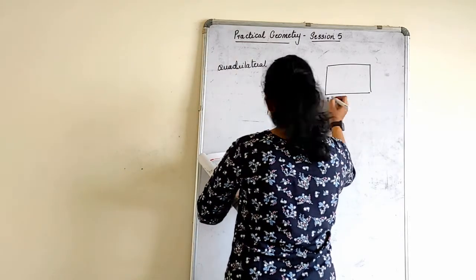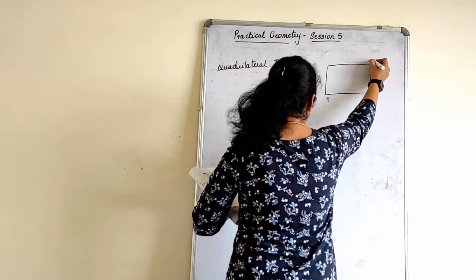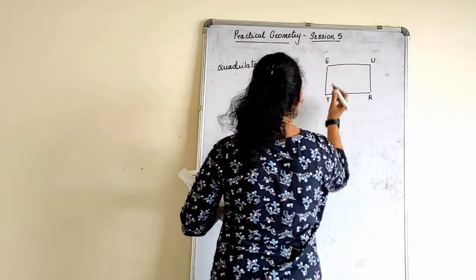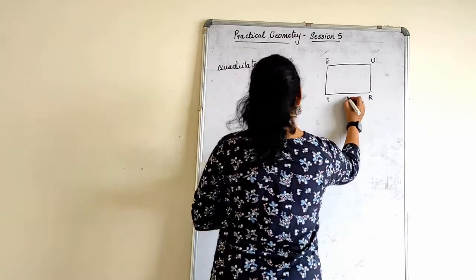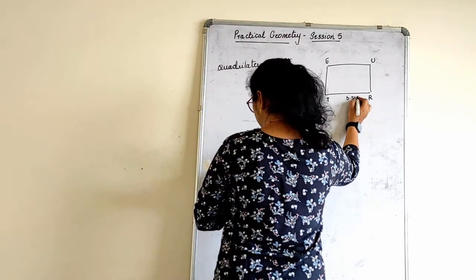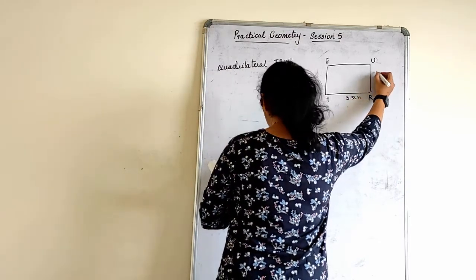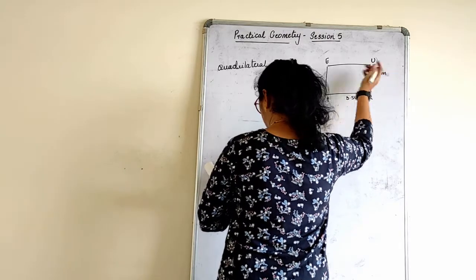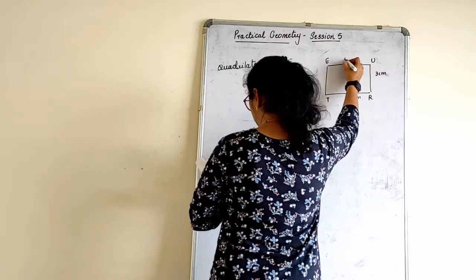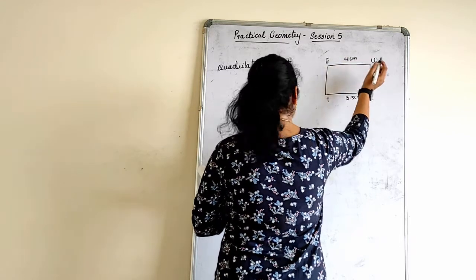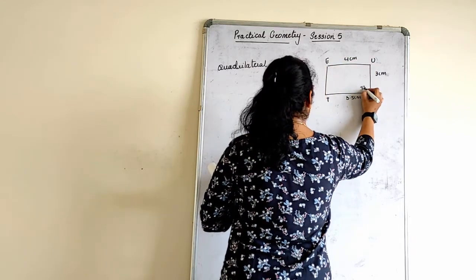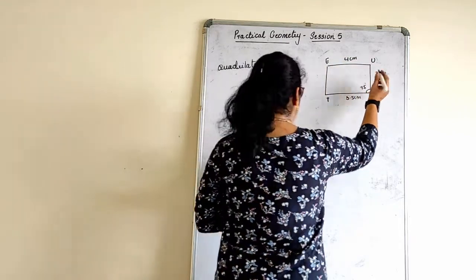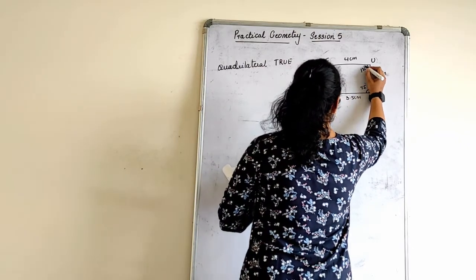So this is T R U E. So TR is 3.5 centimeter, RU is 3 centimeter. UE is 4 centimeter, angle R is 75 degree and angle U is 120 degree.